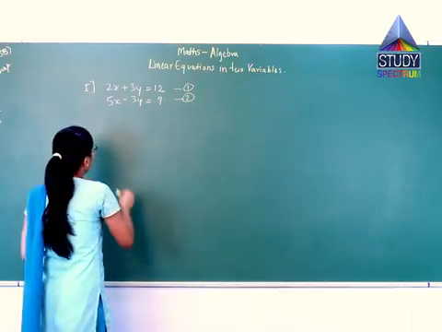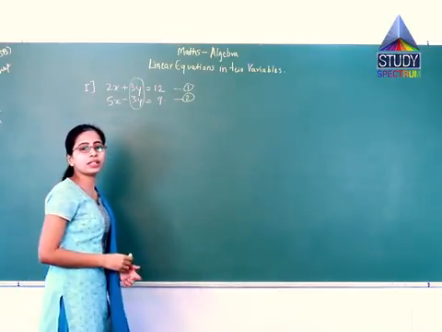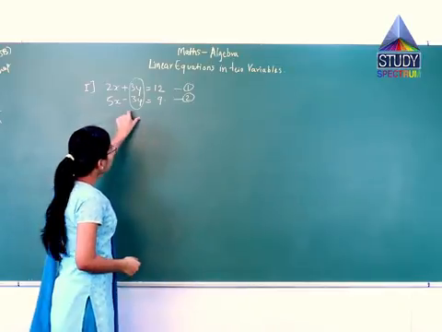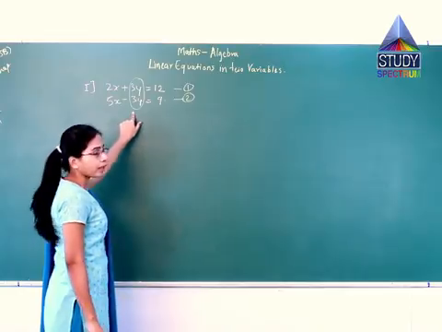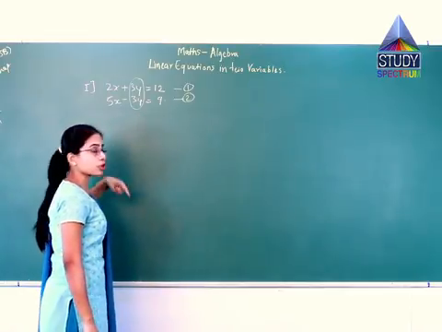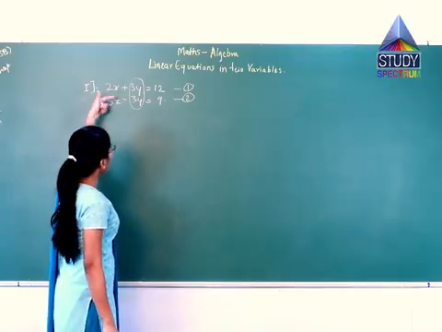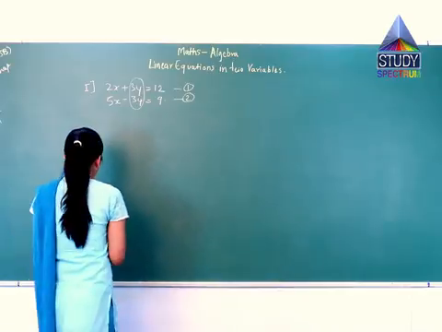So here we say that y has the similar coefficient, means we can cancel y accordingly and find the value of x, and substituting the value of x in either of the equations we can find the value of y. Now let us see.